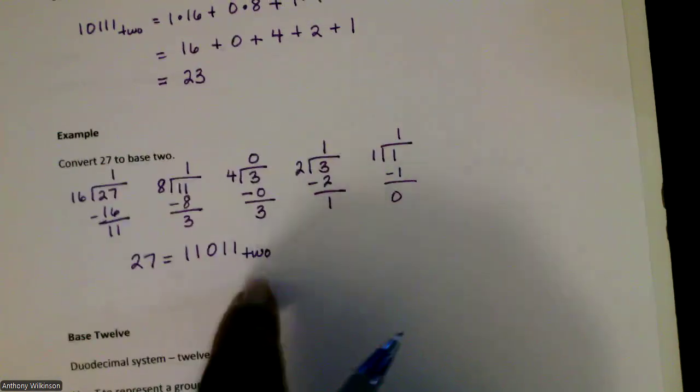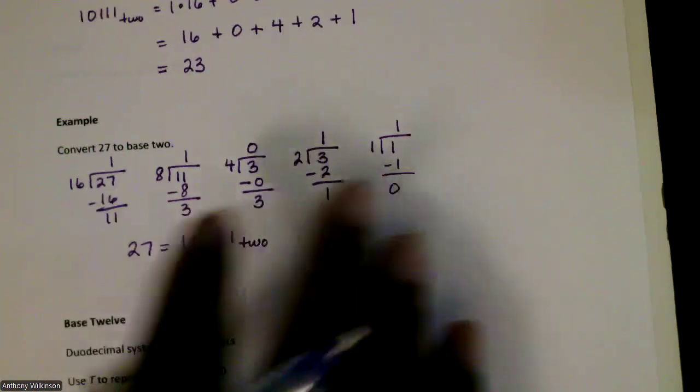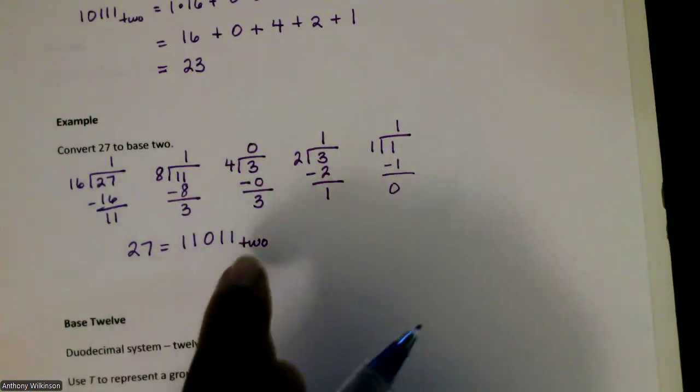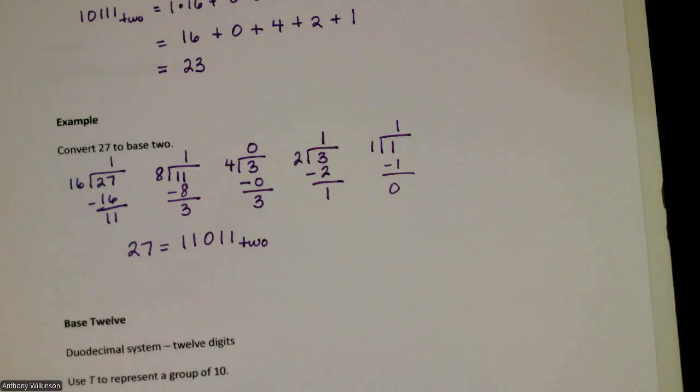And you must identify what that base is. Since it's base 2, you must write down the number 2 as a subscript for those numbers: 11011 base 2.